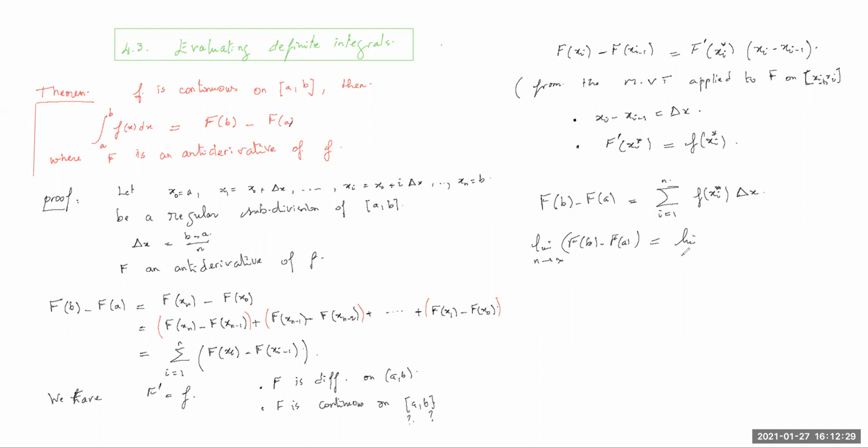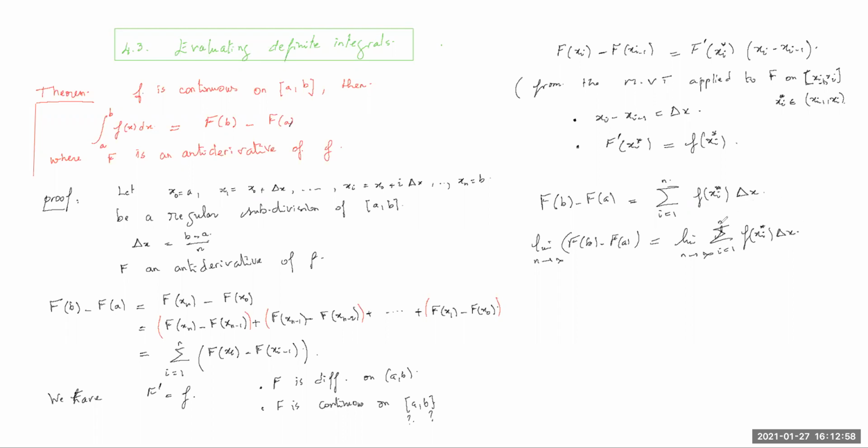The other side, you take the limit. We are sure that the limit exists because it's equal to this sum, and this sum, if you remember, is exactly a Riemann sum. Delta x, and the x_i star is inside the interval [x_{i-1}, x_i].